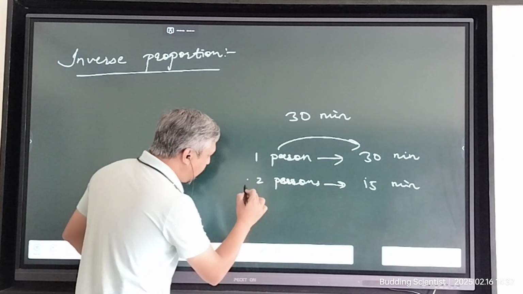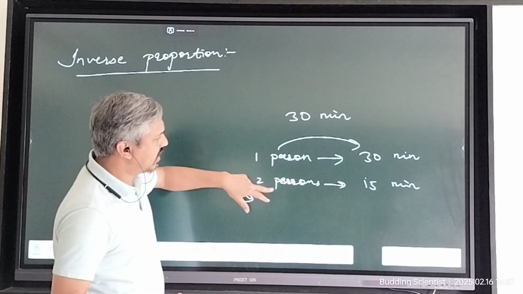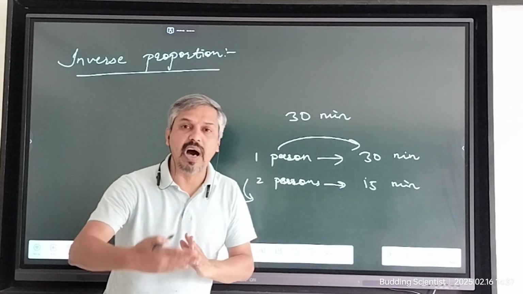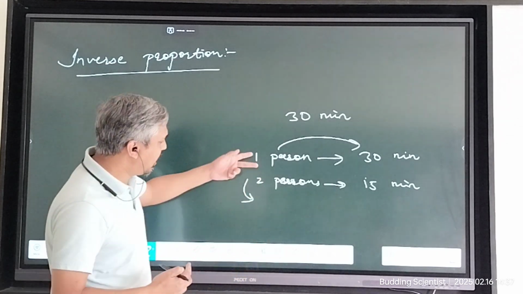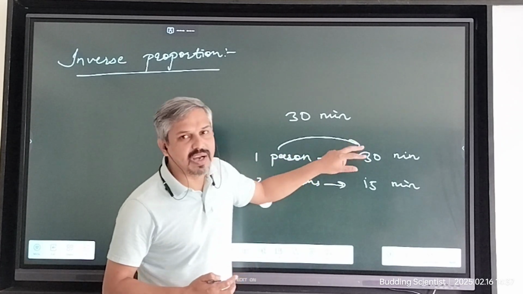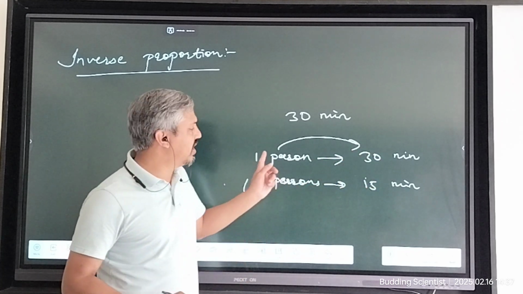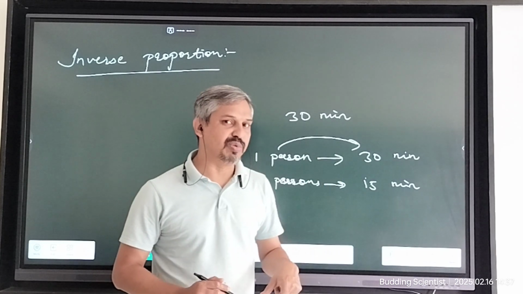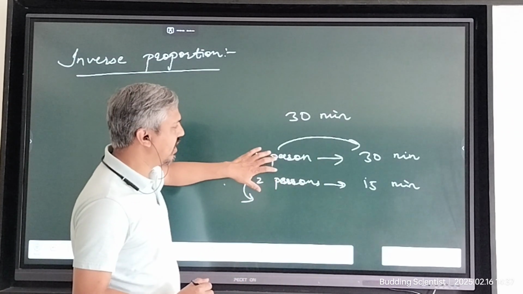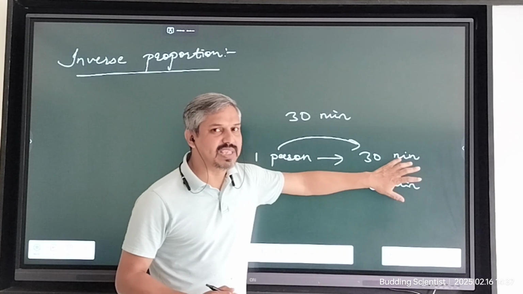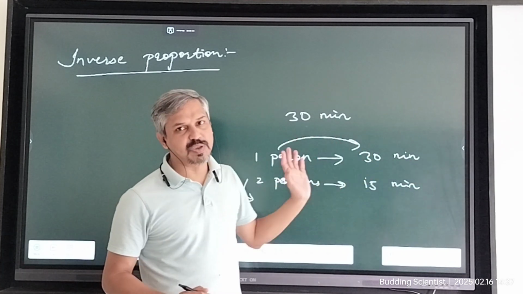But if the number of people become double, then the amount of time will become half. So what is multiplied on this side will become divided on this side. If that happens, then their proportion is inverse proportion. What is multiplied on this side is divided on this side. So that becomes inverse proportion.